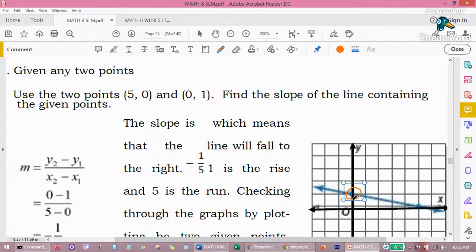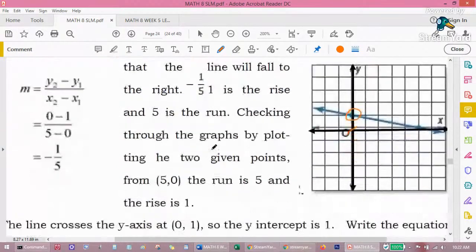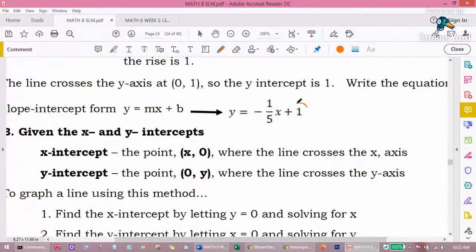Nakatapat to sa 0 ng x. So, ibig sabihin, ito to. 0, 1. And then, kukunin natin ang y-intercept. Ito yung y. Kukunin natin yung y. That's the y-intercept. That's why meron tayong positive 1 doon. Okay?